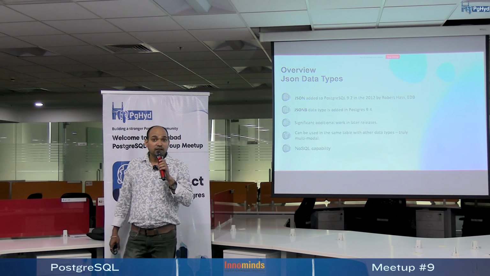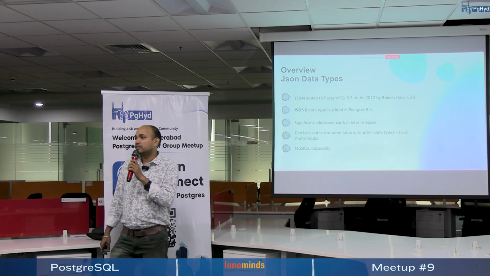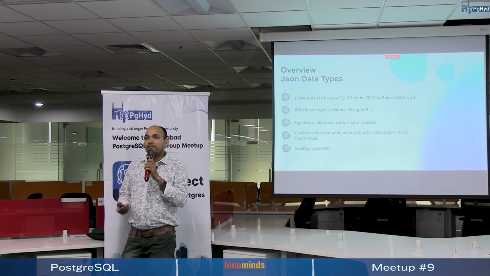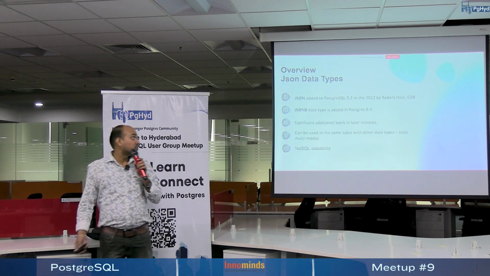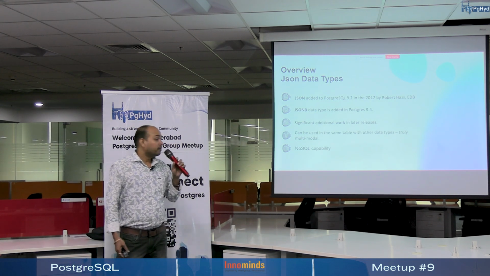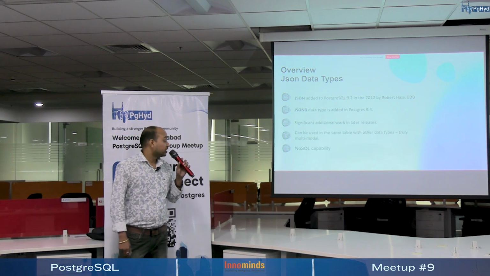If we talk about JSON, data is stored in the form of plain text. The only syntax validation that happens is whether it is valid JSON or not. If it is not valid JSON, then it will give an error, but there will be no semantic checks. The semantic checks happen on the JSONB data type.